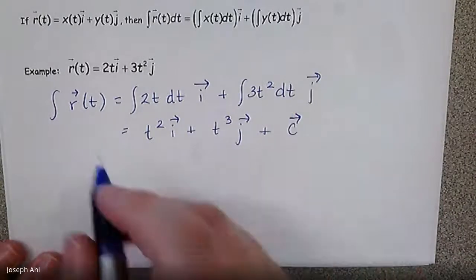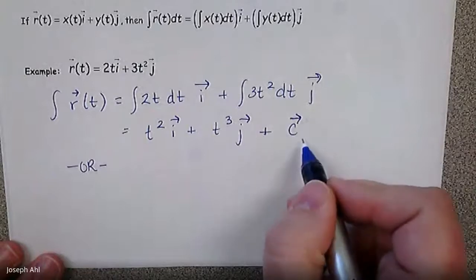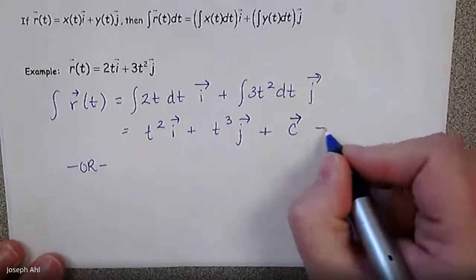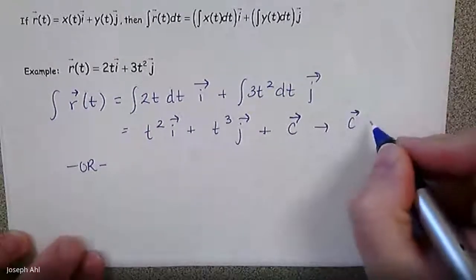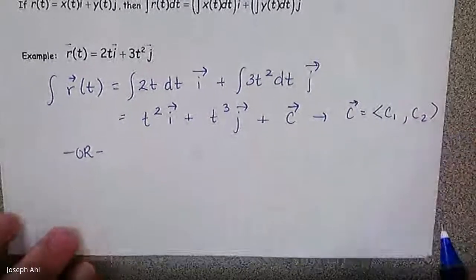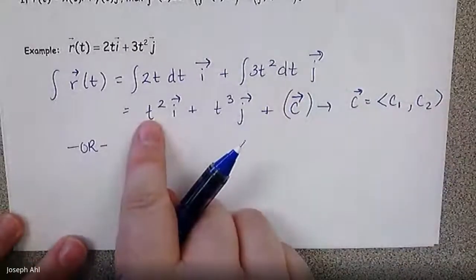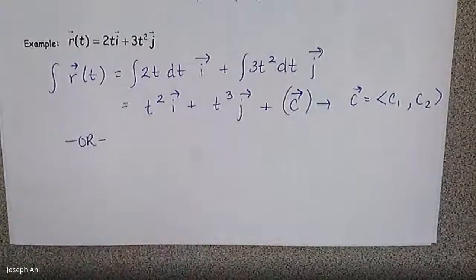Okay, so another way that this could be rewritten is, since c is a vector, whatever the horizontal component of this vector is, if c, let's say, has components c1 and c2 for horizontal and vertical components, the horizontal component would be added to this horizontal component t squared.